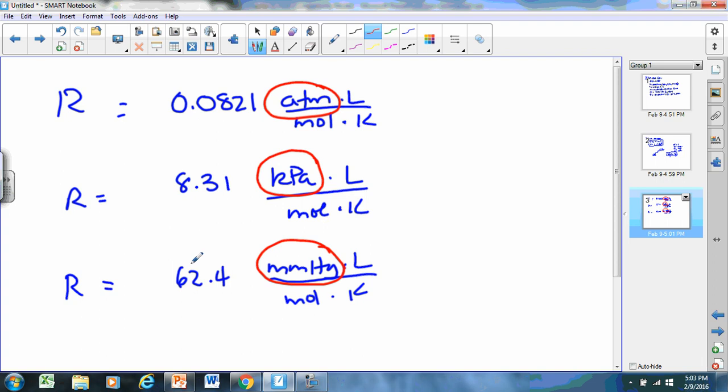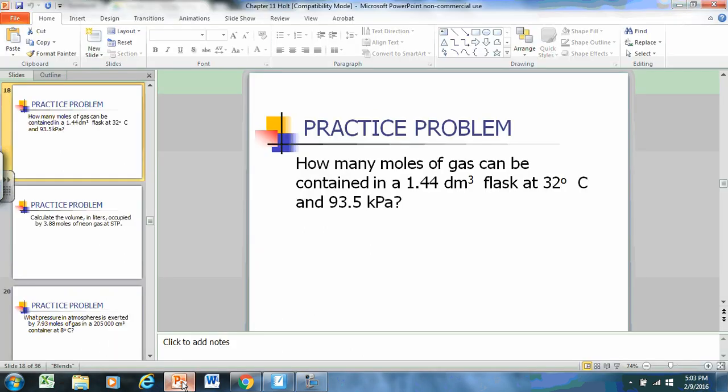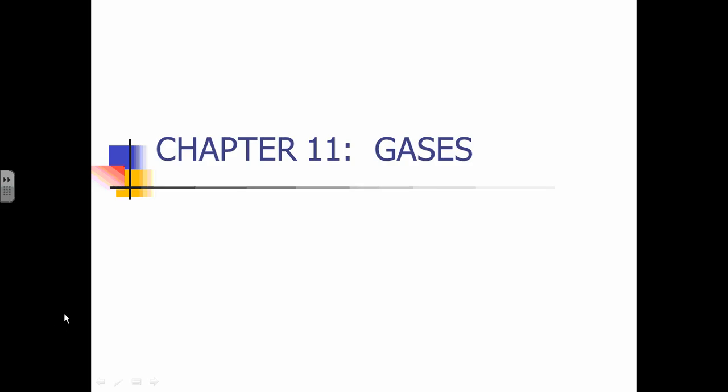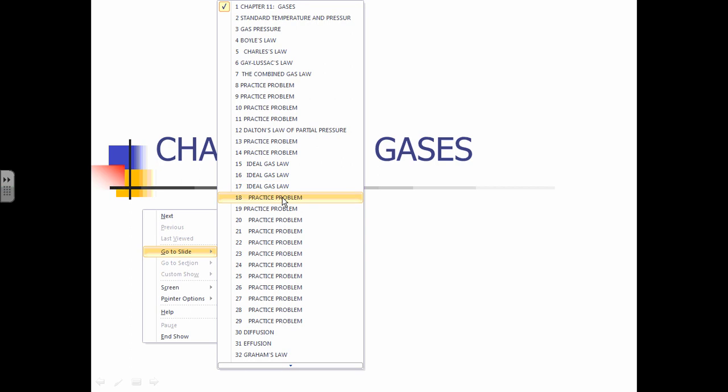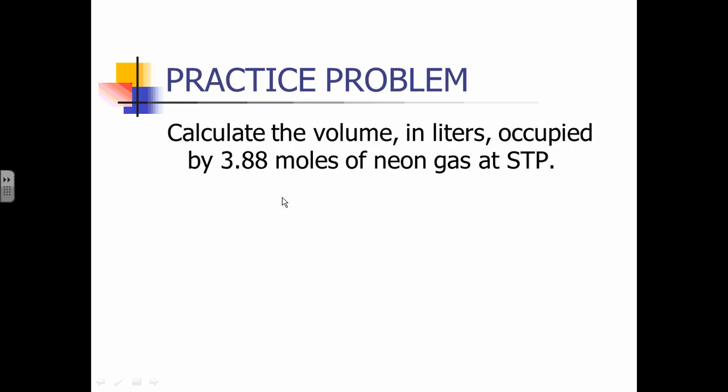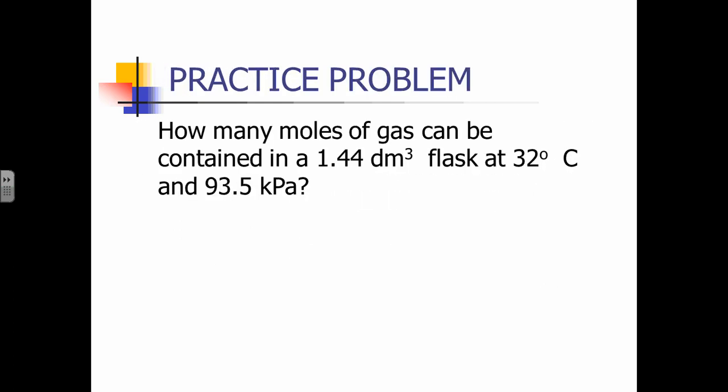I'm just going to flip open my PowerPoint, and I'm going to hit F5, and go to slide, I think it's the right one, 18. This is the first problem. I don't think this is the one I wanted to do. Hang on. This is the first one I want to do. It says, how many moles of a gas can be contained in a 1.44 cubic decimeter flask at 32 degrees Celsius and 93.5 kPa.